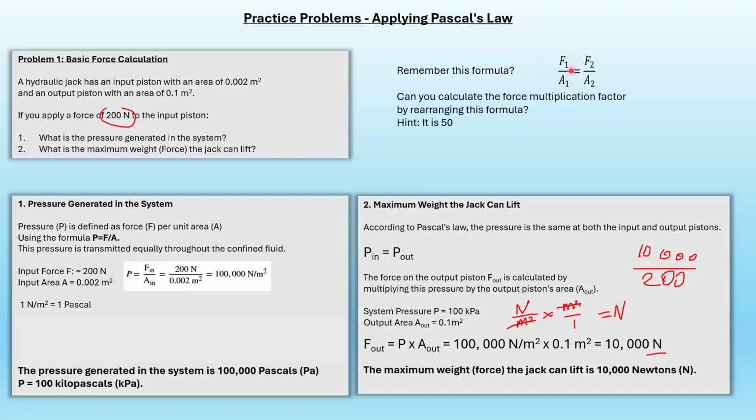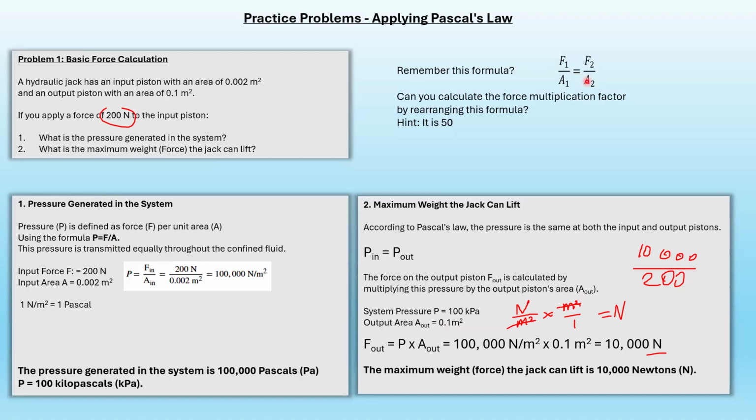So this equals pressure. And because pressure is the same everywhere by Pascal's law, this pressure, from this formula, equals the pressure there, and there's an equal sign here.